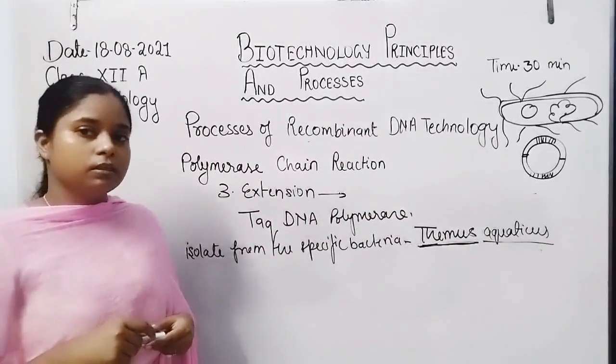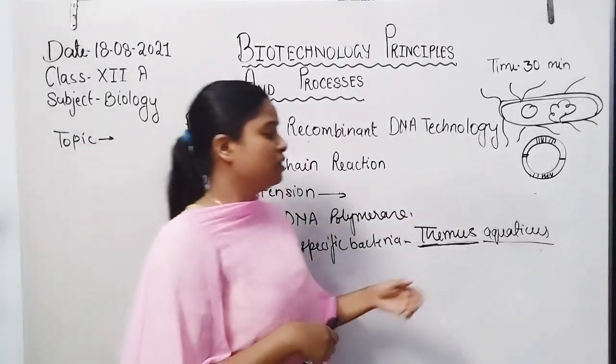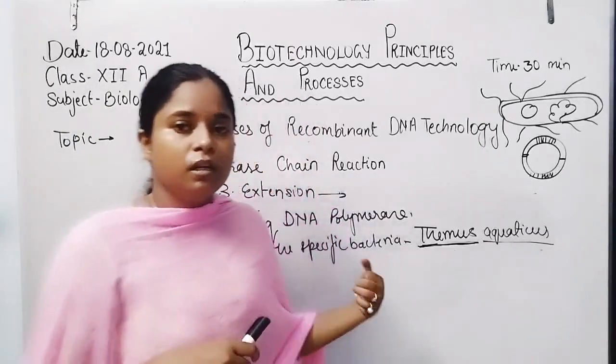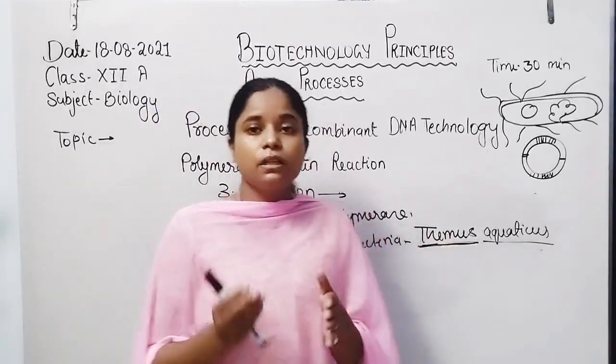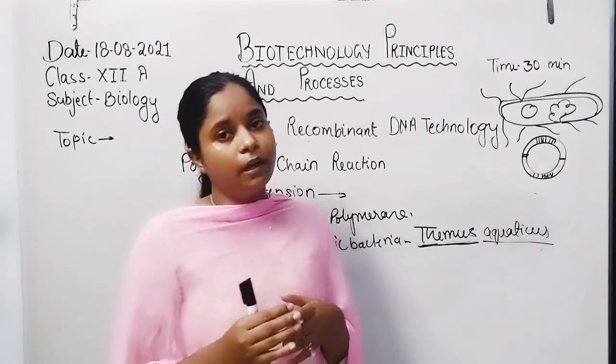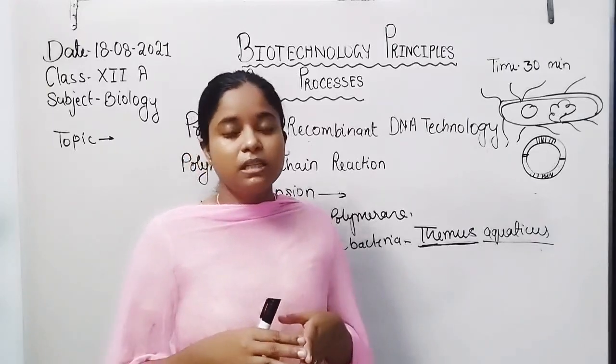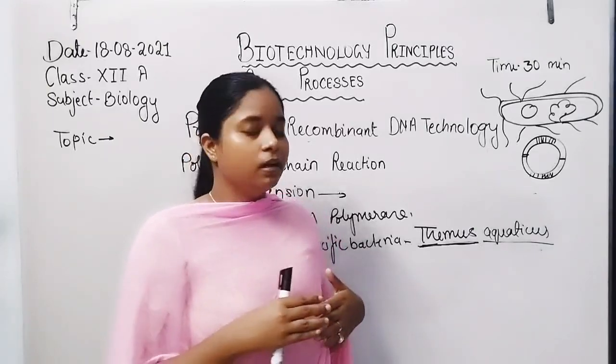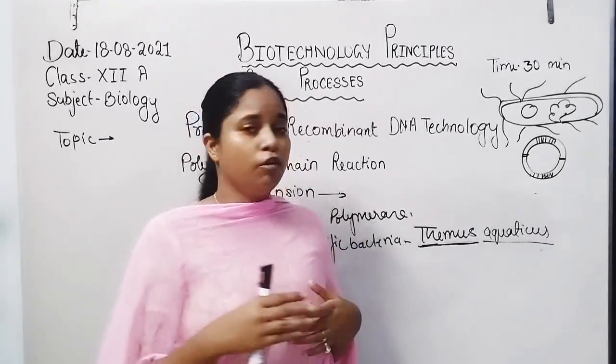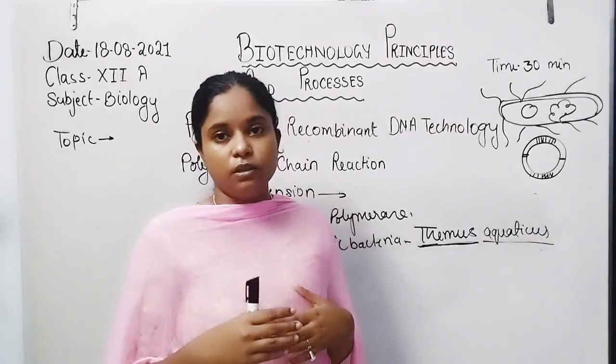Thermus aquaticus is a specific type of bacterium which survives at 95 degrees centigrade, present in streams of boiling hot water.